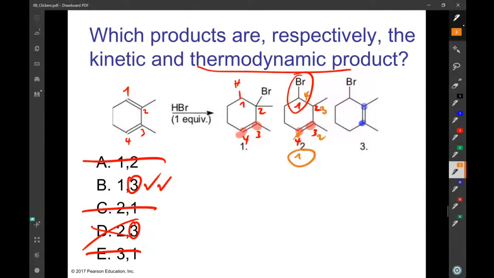Can you see the orange labeling? With the orange labeling, this is 1, 2, 3, and 4. Is that the way you label it? Yes. But you notice that your number 1 with the orange doesn't have an extra hydrogen.